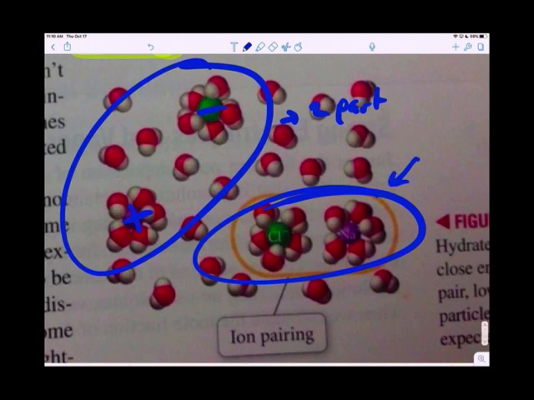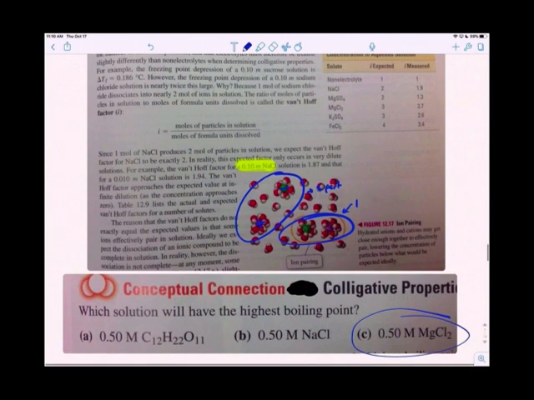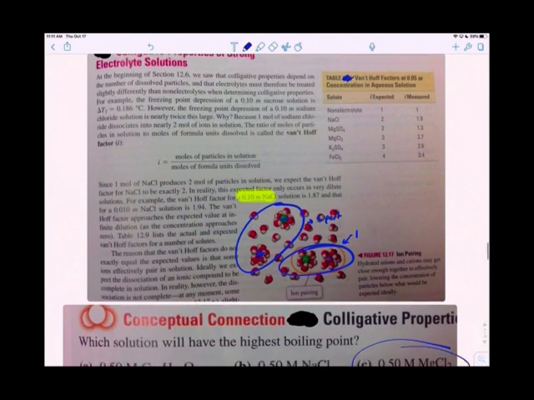And when they bind together, this is more like one. And the problem is colligative properties depend on the number of particles. So since you have sodium chloride salt, the number of moles of particles should be twice as much as the moles of sodium chloride, but it seems to go a little differently. And like I said, this is the Van't Hoff factor, and you can include it in your calculations for that.